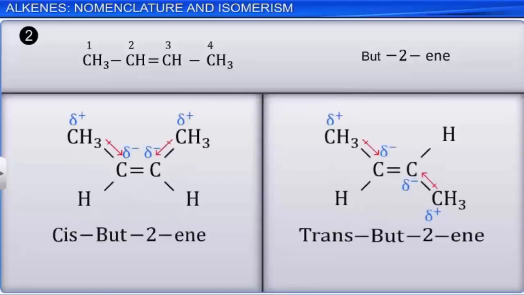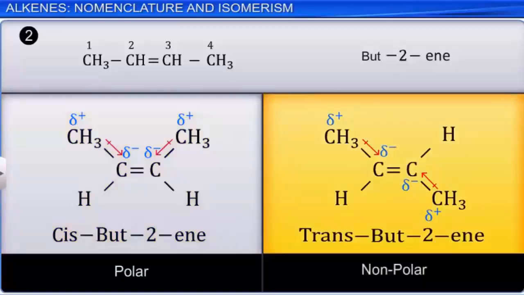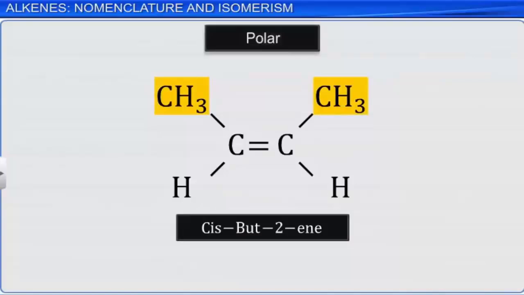For example, the cis but-2-ene molecule is polar, whereas the trans but-2-ene molecule is non-polar. This is because in a cis but-2-ene molecule, as the two CH3 groups are on the same side of the double bond, there is a greater CH3 bond dipole on each side, causing distinct positive and negative regions in the molecule, hence the molecule is polar.